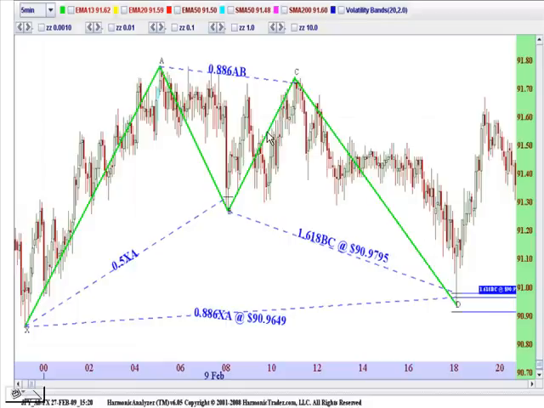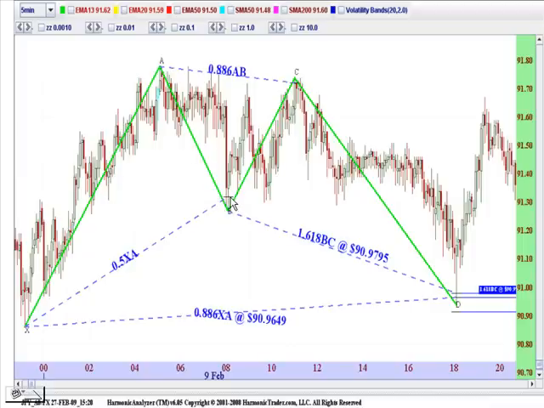So here's an example. This is actually a 5-minute chart of the same Japanese yen. Looking here, down here at your low X point, followed by your initial rally, and then here's again your 50% retracement.